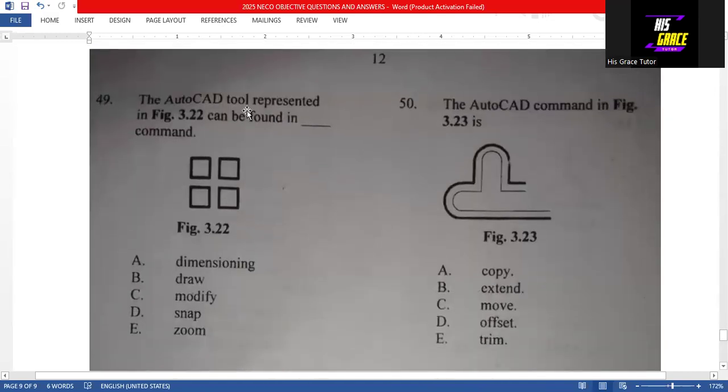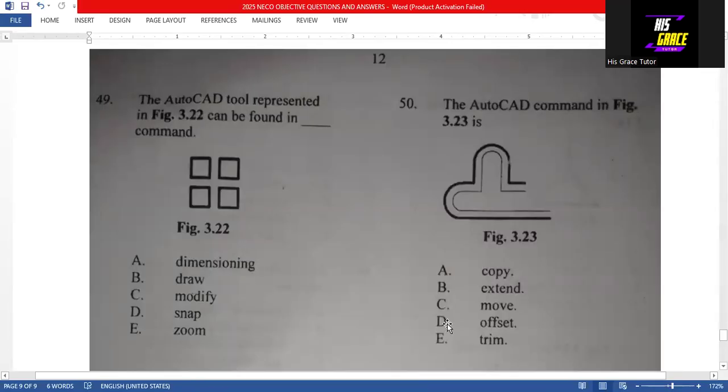The AutoCAD tool represented in figure 3.22 can be found in the modify command. So we copy each of these from the original one. Then question 50. The AutoCAD command in figure 3.23 is offset. So that is option D, the answer to question 50.